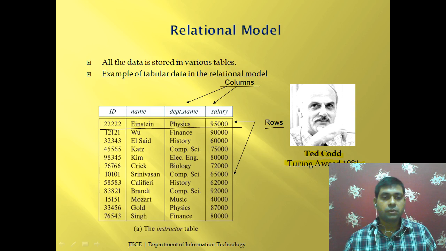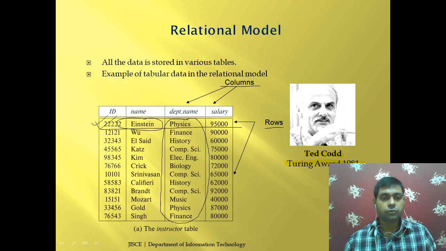So every row is basically signifying a different instructor. The first instructor is Einstein, his department is physics. Corresponding to every column, there is a set of data that is called domain. So this is the department name domain.